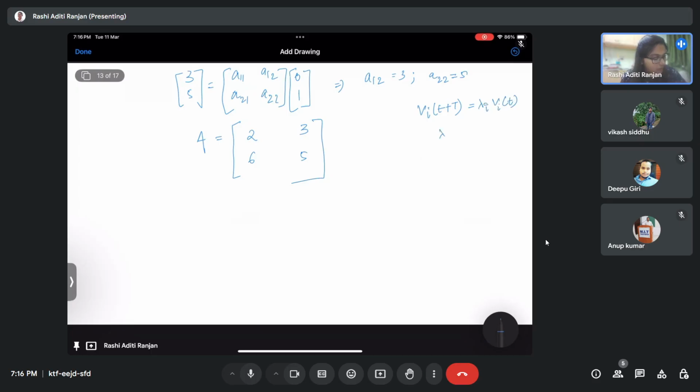So lambda i was my eigenvalue, and this was the eigen direction. That is why we need to find the eigenvalues, from which we can get the values of lambda. In order to find the eigenvalue, we substitute A minus lambda I. The determinant of this should be equal to 0, which implies 2 minus lambda, 3, 6, 5 minus lambda equal to 0.